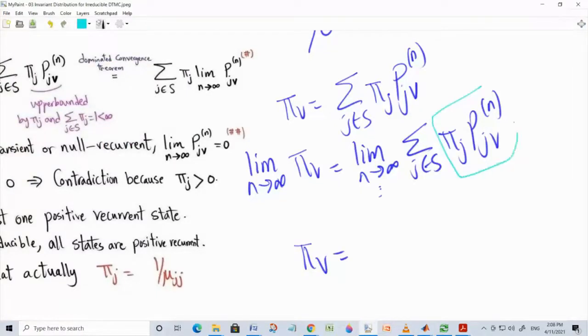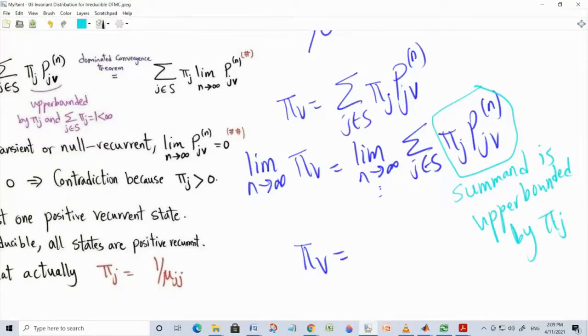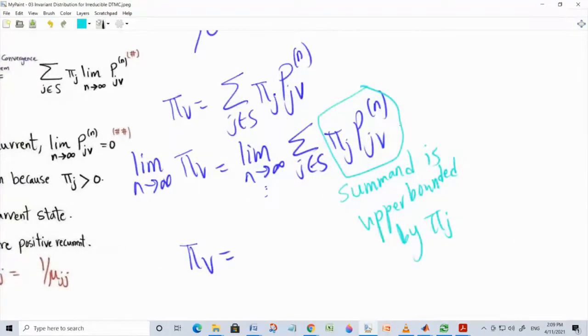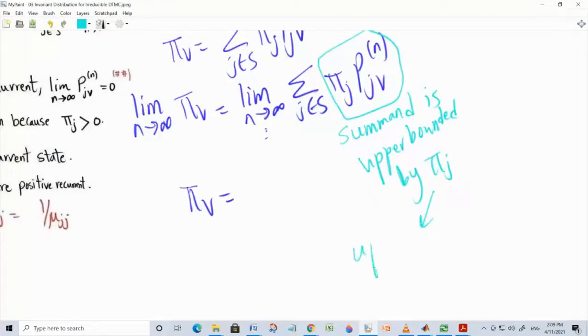So here is the summand. The summand is upper bounded by pi_j, because the other term is a probability, and probabilities are less than or equal to 1. So we need two things that are satisfied. The upper bound does not depend on the variable with respect to which you are taking the limit.